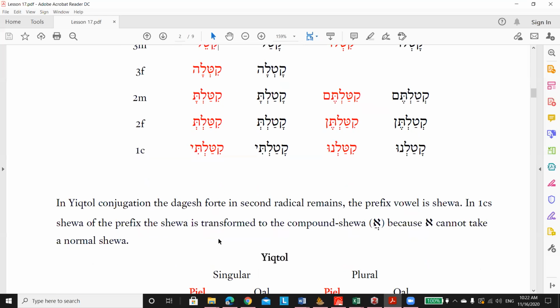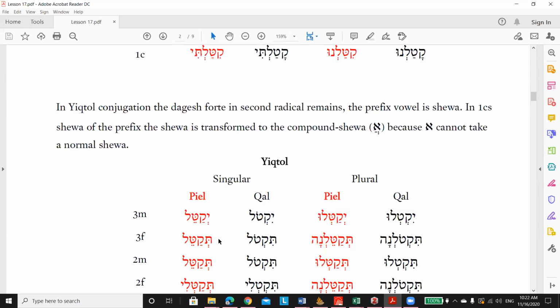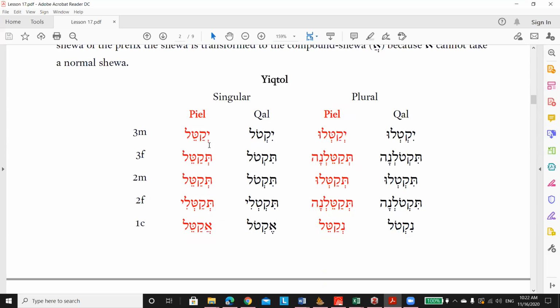It's not very difficult. In yiqtol, the characteristic would be shewa. So it will always have shewa. Only in some cases it will not, but this is also another characteristic of the yiqtol conjugation.